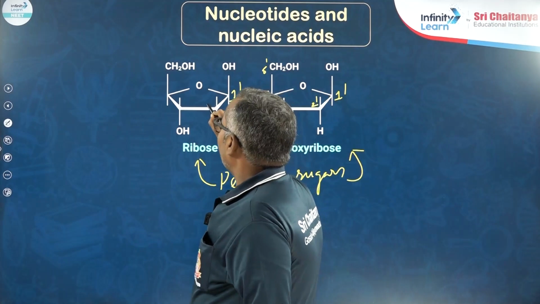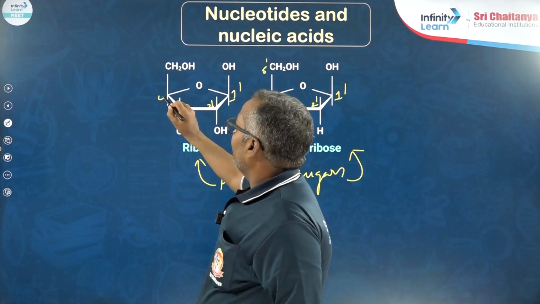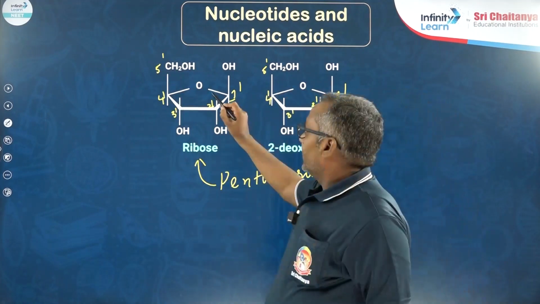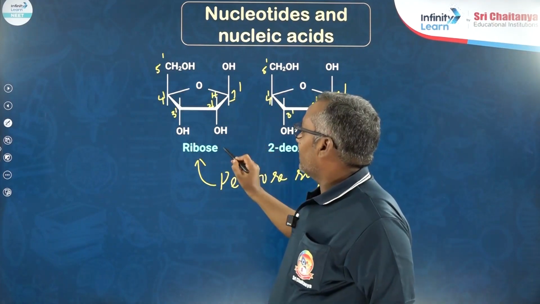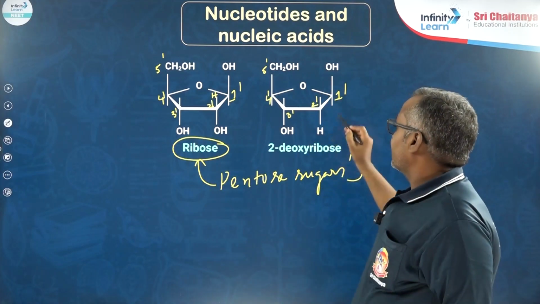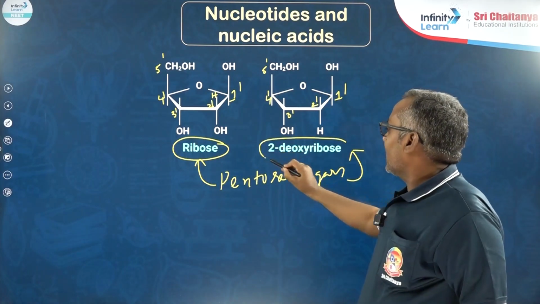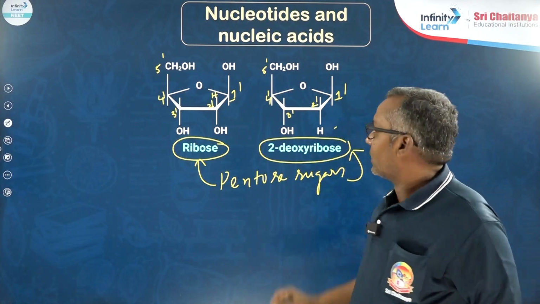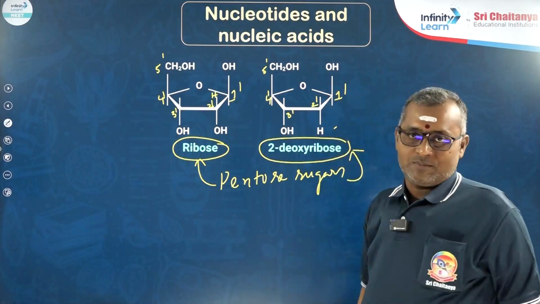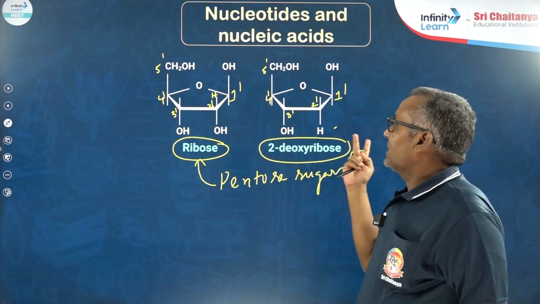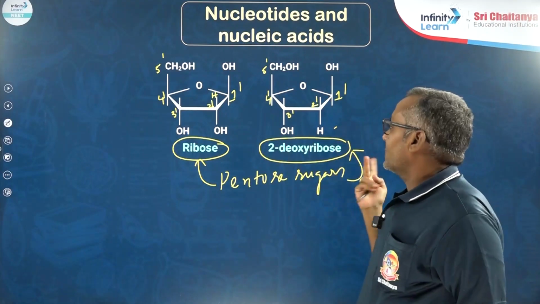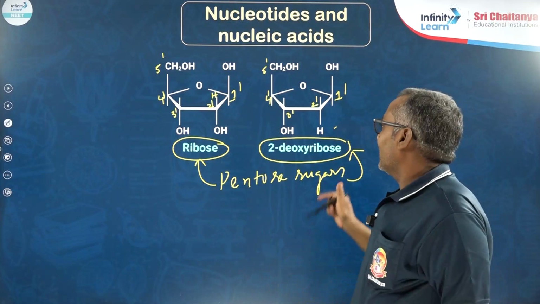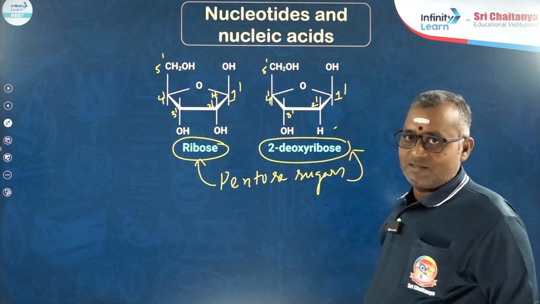Similarly here also 1', 2', 3', 4' and 5'. At the 2' position, there is an OH in case of ribose, whereas in case of deoxyribose, there is an H. There is no hydroxyl group at the 2' position. Therefore, this makes the difference between ribose and deoxyribose. Deoxy, the name itself indicates that one oxygen is lacking.